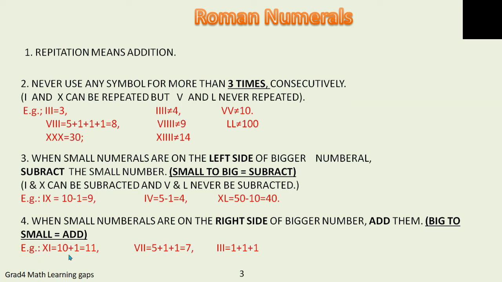That is 10 plus 1 will give you 11. The same goes for 7: 5 plus 1 plus 1. 5 is the bigger number and then the smaller number is placed, so you will add it. So 5 plus 1 plus 1 will give you 7. And the same goes for 3. Clear? And we have discussed the Roman numerals from 1 to 50.